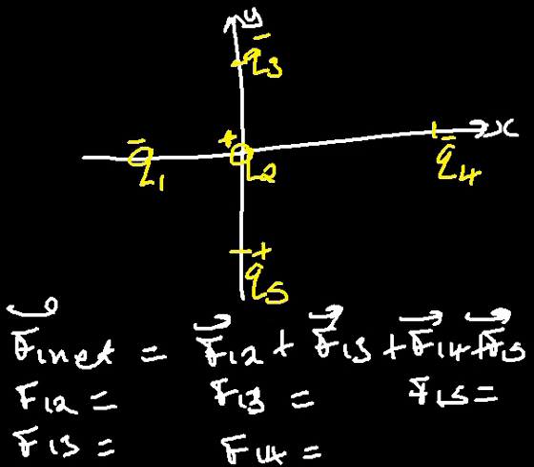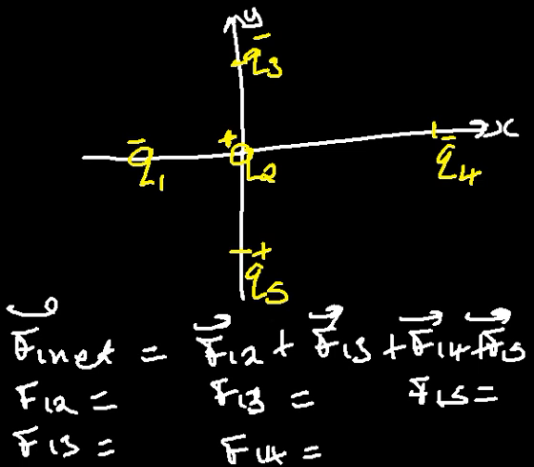F12 is the force between charge 1 and charge 2, which is between the two charges here. What is the separation distance between the charges? Either you can be given it or you can be required to find it on your own.